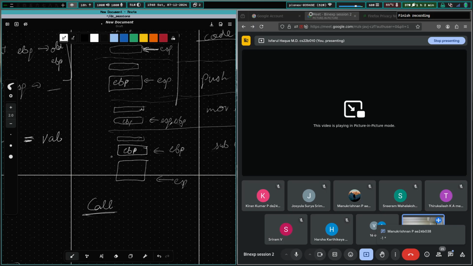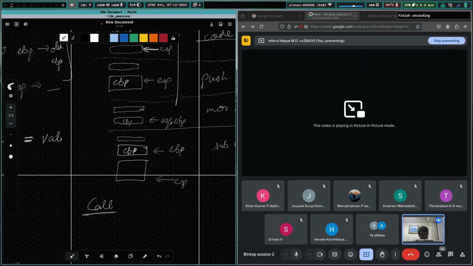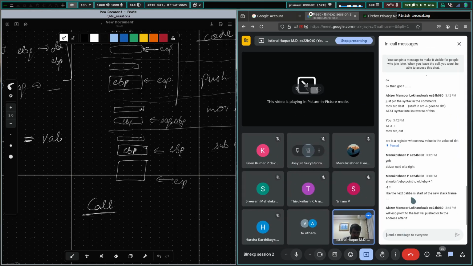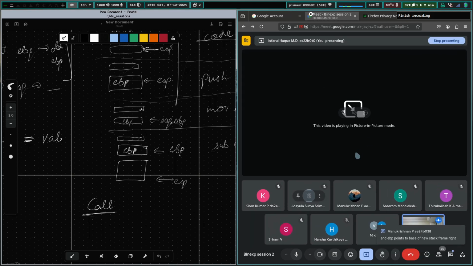You pushed the value of EBP, right? Whatever EBP was pointing to, the current EBP's cell has that value. The next box is the start of the new stack frame, going to the last value pushed or the address after it. The last value pushed.